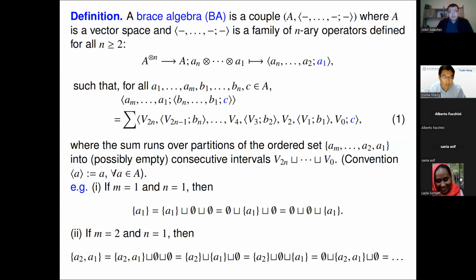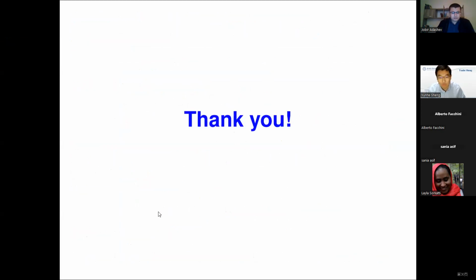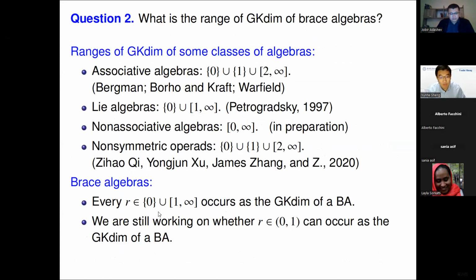Also about the second question, about the range of GK dimension. Could you move to that page? Yes, this page. For the second item and the third item, I'm confused because the algebra is a non-associative algebra, so why are there any conflicts?